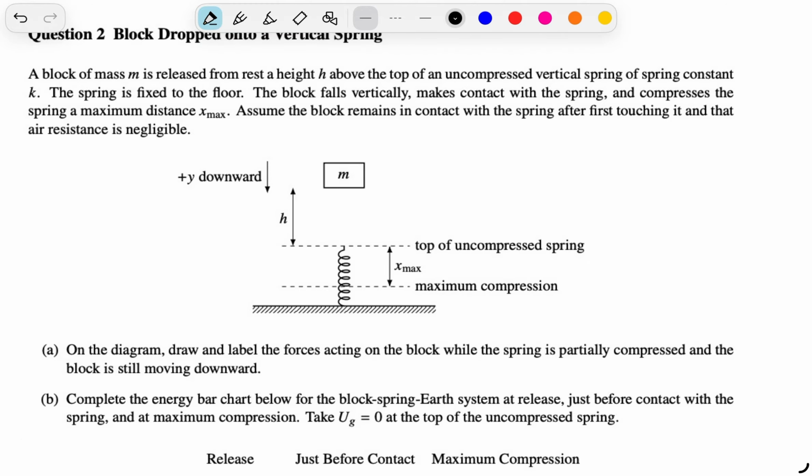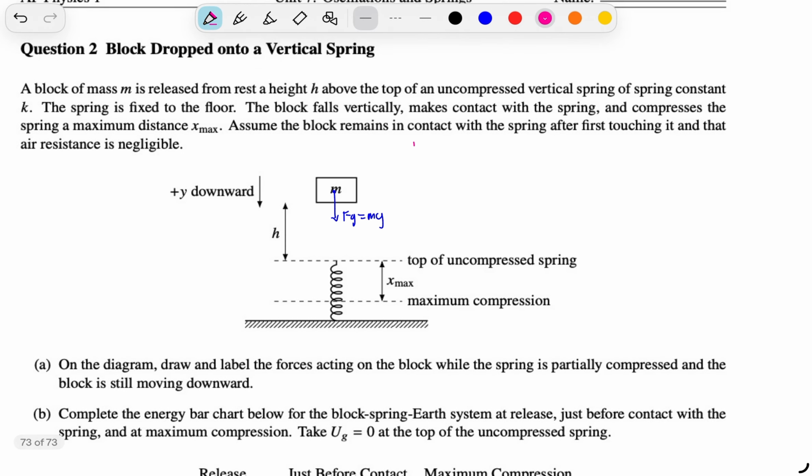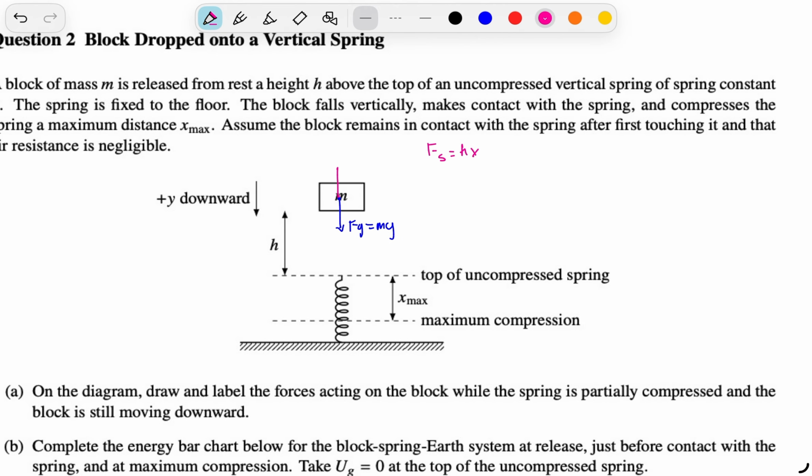So when we're moving downward, we still have F_g. Spring force is kx upward once it reaches down. So that means we're actually here, because we want to go back up.